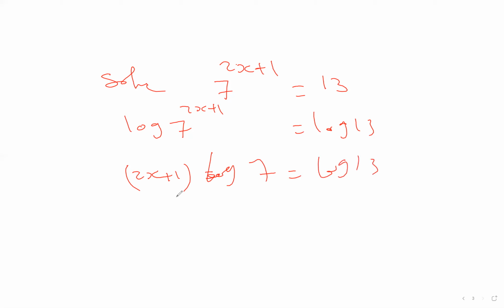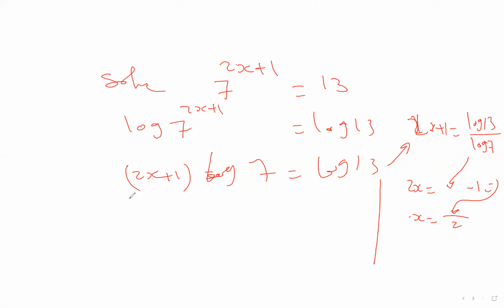Now you have two ways. You can multiply 2x times log 7 and 1 times log 7 and transfer to the opposite side by the opposite sign, or you can find 2x plus 1 equals this. 2x plus 1 equals log 13 over log 7, and find the value, and 2x will be this value minus 1, and x will be this value divided by 2.